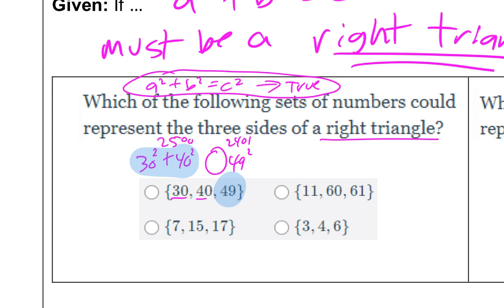So that does not equal. That's what we're asking ourselves: is it equal? It is not, so that one is false. But we're looking for true, so that one cannot be the answer.